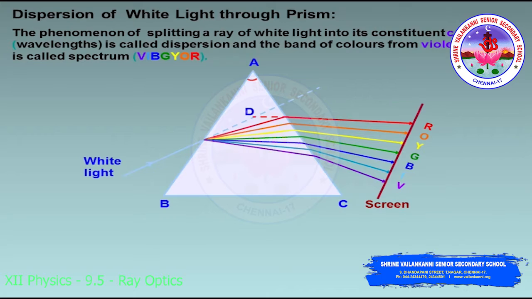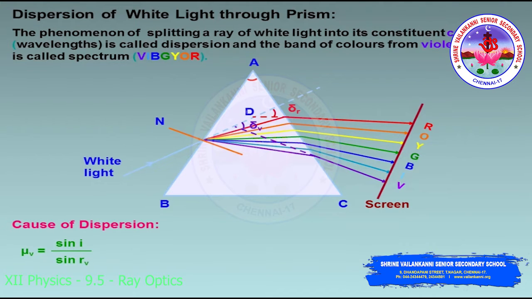In dispersion, the refractive index of the refracting medium is different for different wavelengths, so the deviation angle between red and violet spans that range.